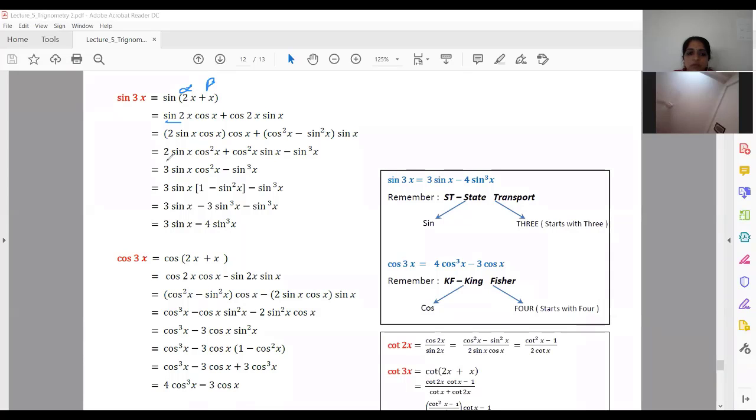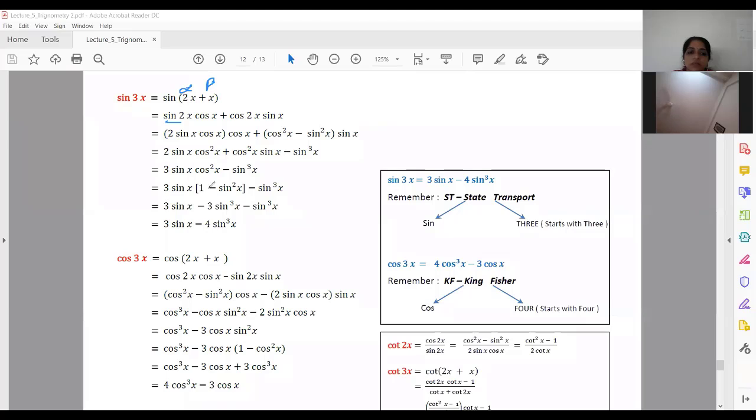By simplifying, 2 sin x cos square x plus cos square x into sin x minus sin cube x. Both terms are the same, so 3 sin x cos square x. If I take 3 sin x common from both terms, then I have cos square x minus sin cube x, and in place of cos square x I put 1 minus sin square x.